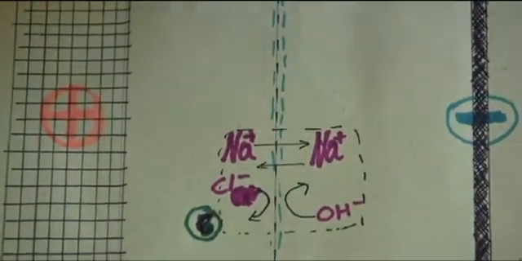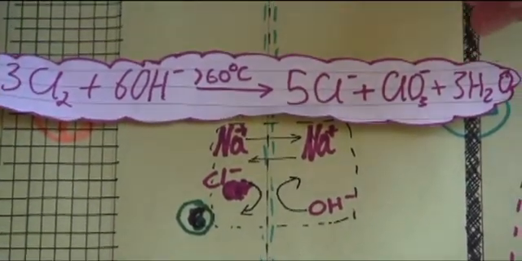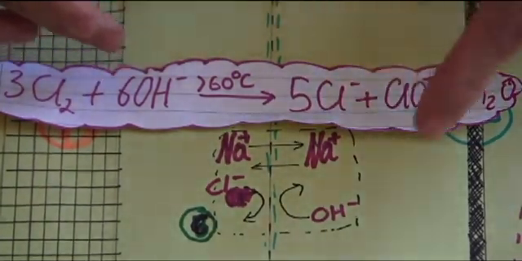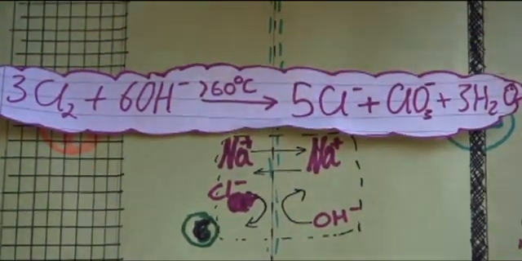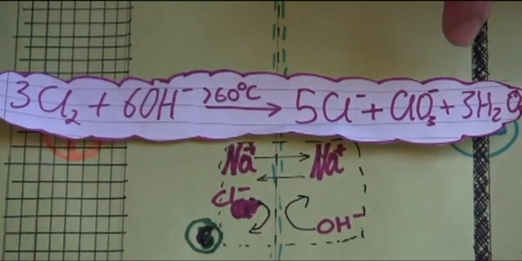If the temperature, however, was over 60 degrees, we would get chlorine reacting with the hydroxide ions to produce chloride ions, sodium hypochlorite and water.